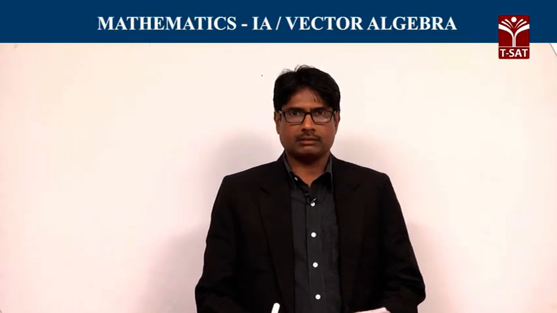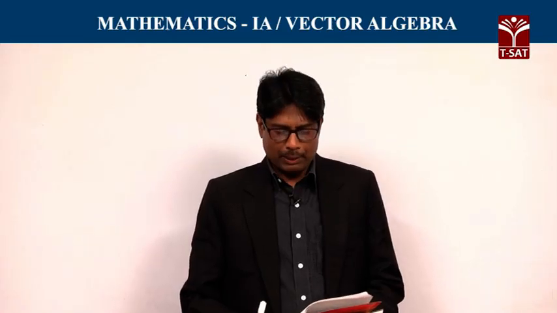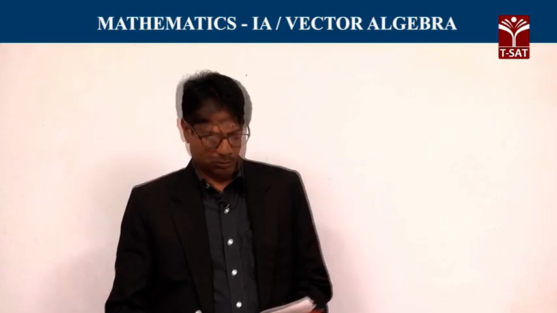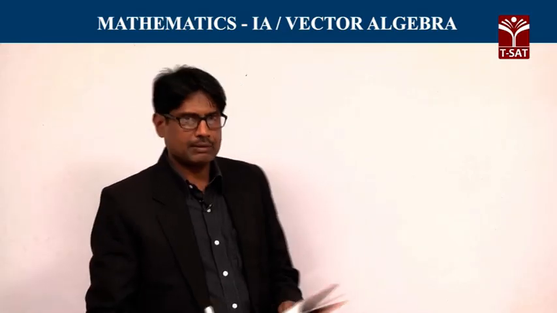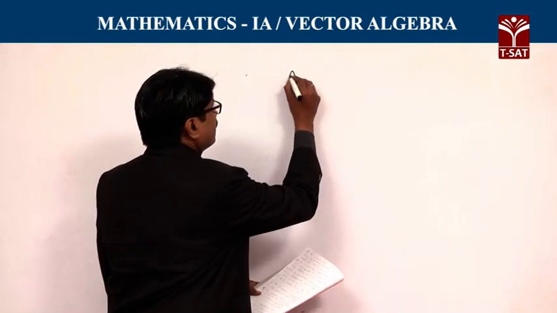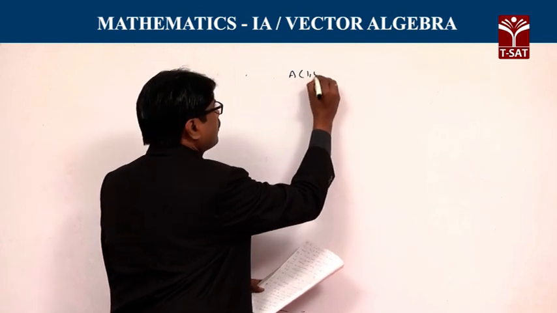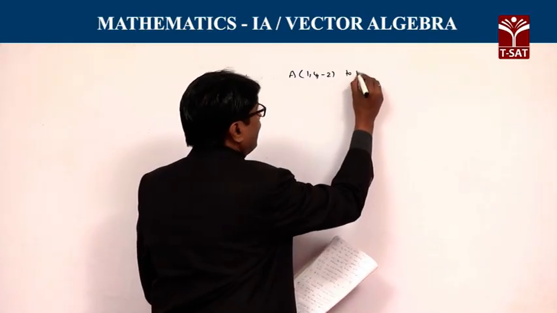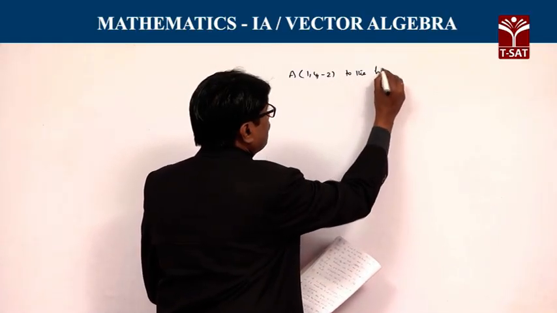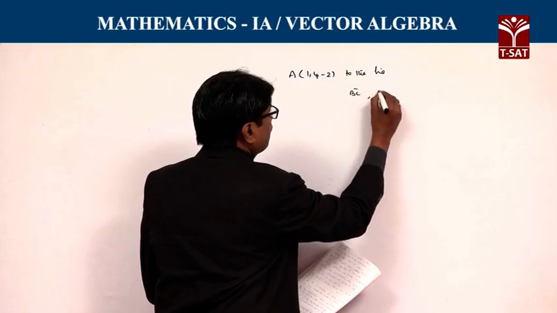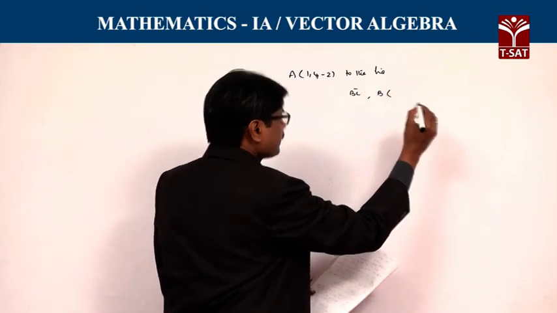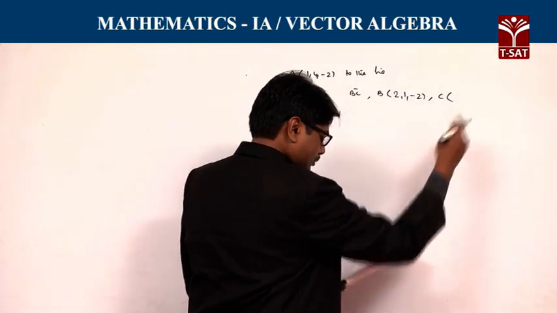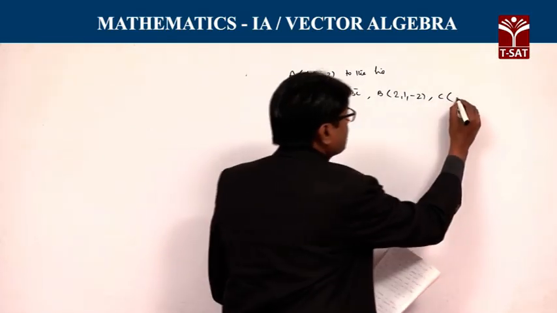Cross product application. Finding the perpendicular distance from a point to the line. Find the perpendicular distance from a point A (1, 4, minus 2) to the line BC bar, where B is equal to 2, 1, minus 2 and C is equal to 0, minus 5, 1.